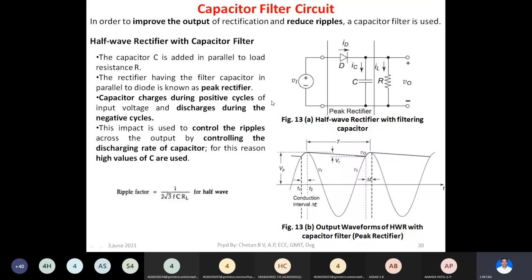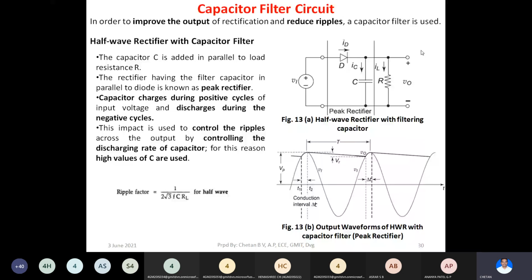And how does this capacitor work? You already know the basics of this capacitor. Whenever you apply a voltage source to this capacitor, initially it will start charging, right? It will not go to the maximum value of the applied voltage; it will reach the maximum value gradually. That is called the charging time.